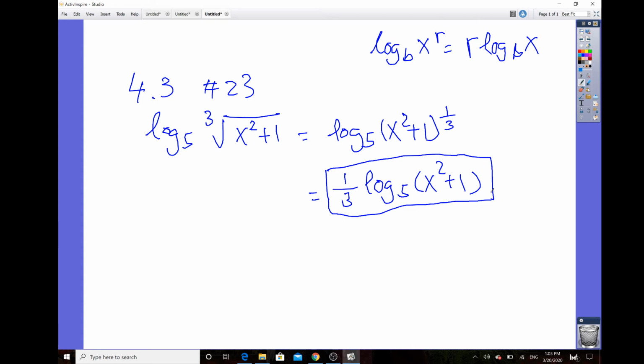Okay, so now let's see what else we have for the rest of this. The next question is from section 4.4, number 53 and number 57. Let me take a look at those two problems here. So 4.4, 53 and 57, it's about solving exponential and logarithmic equations.